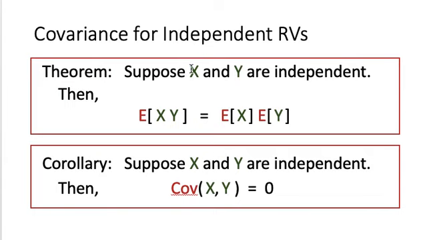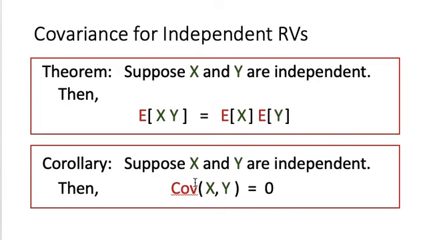Suppose that we have independent random variables. Then the expected value of xy will be equal to the expected value of x times the expected value of y. Immediately, for independent random variables, the covariance will be equal to 0, because covariance is equal to E[xy] minus E[x] times E[y]. So if they are independent, covariance is 0.